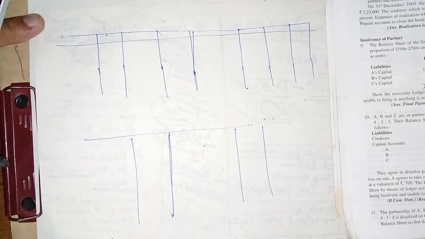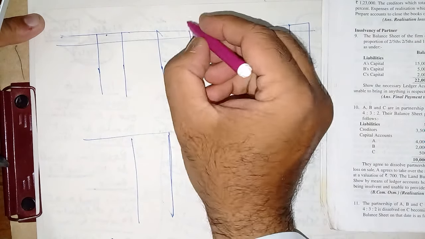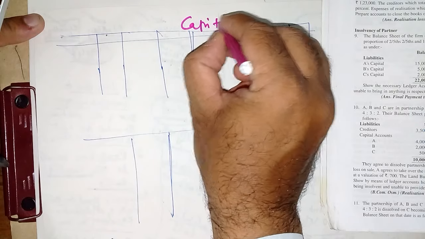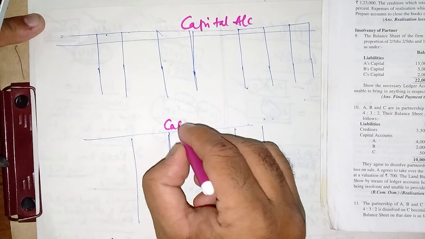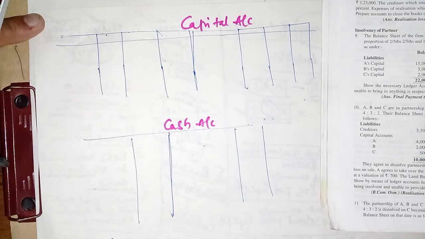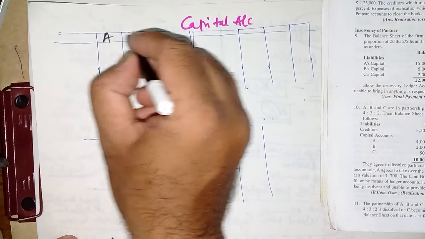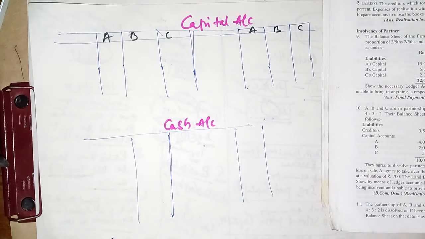So this is capital account, and this one is cash account. The partners are A, B, C, and cash account.